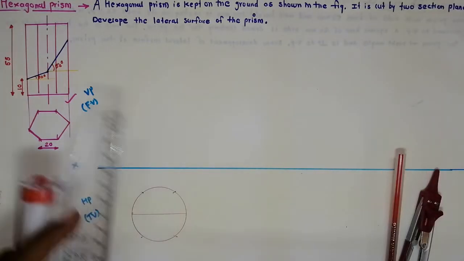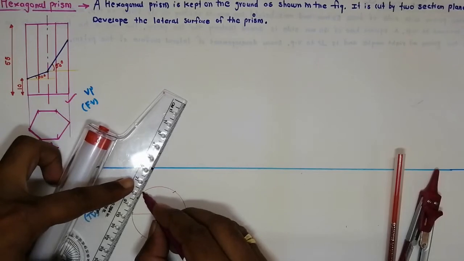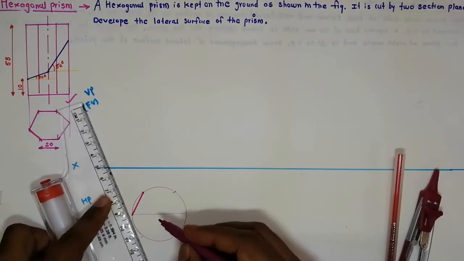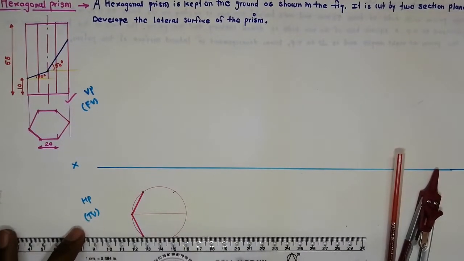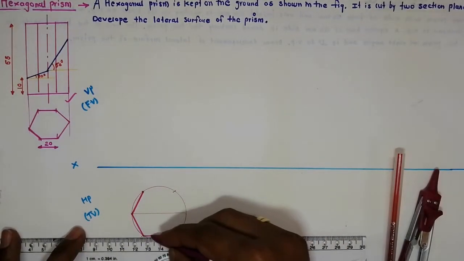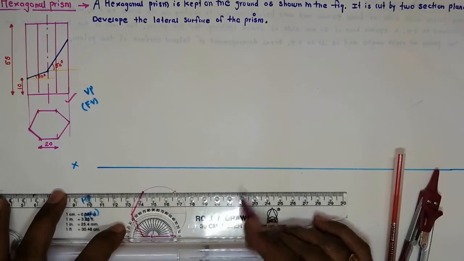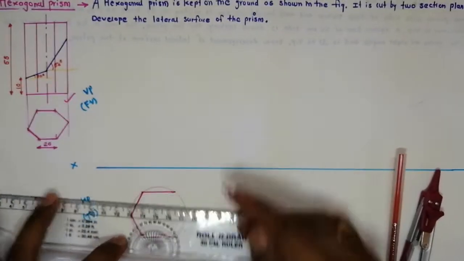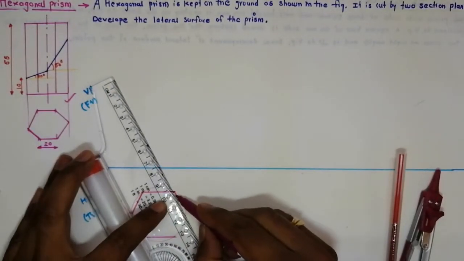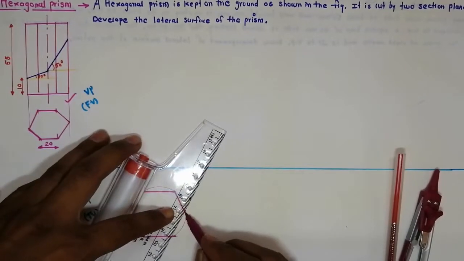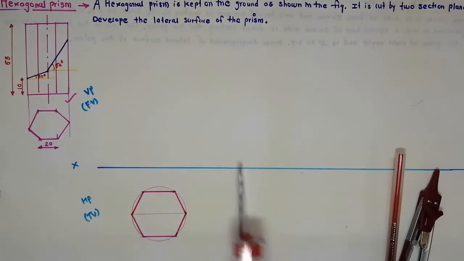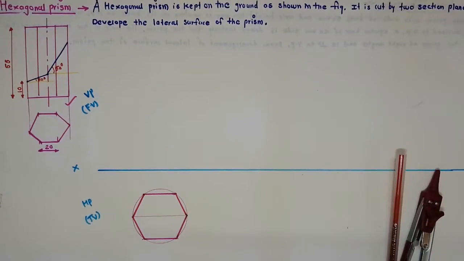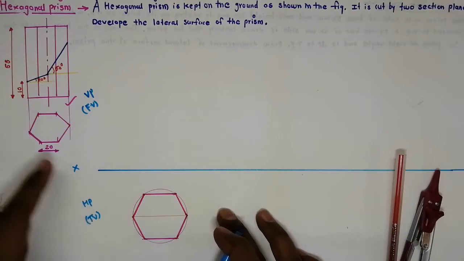Now join these intersections like this. So we have drawn the hexagon. This is the true shape of the hexagon.